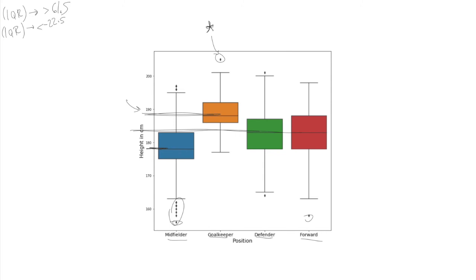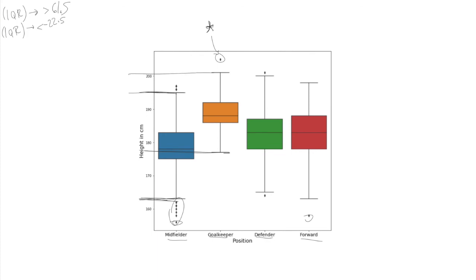With midfielders, not only are they on average shorter than the rest, but there's a pretty big range in how tall they are. Taking out outliers, it still ranges from like 162 to 195, whereas with goalkeepers, it only ranges from around 178 to maybe 201.